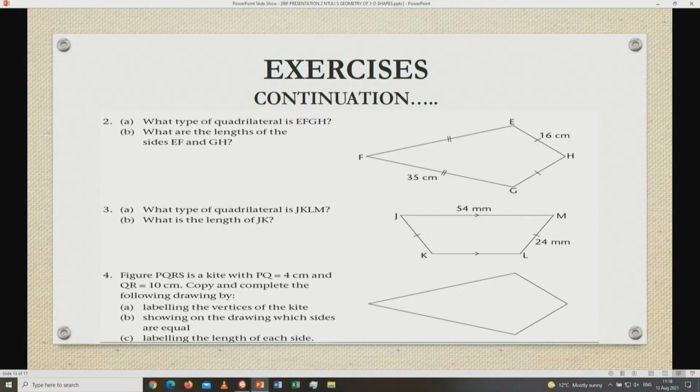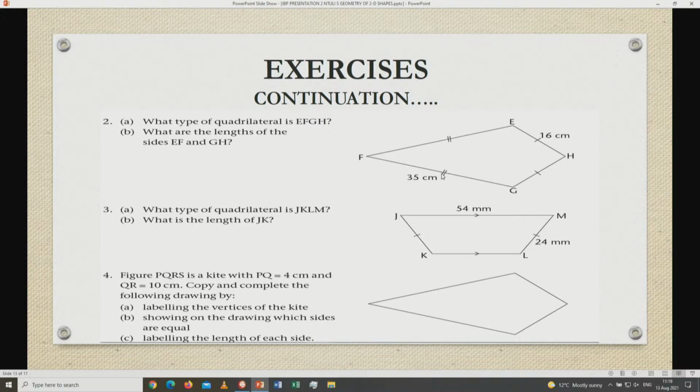Now, number B. What are the lengths of the sides EF and GH? So we need to find sides EF and GH. The markings again are playing a role there, guys.